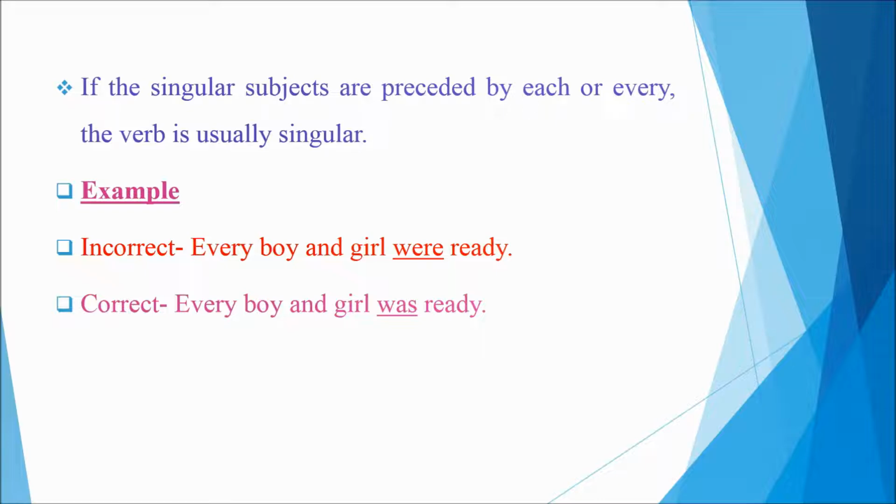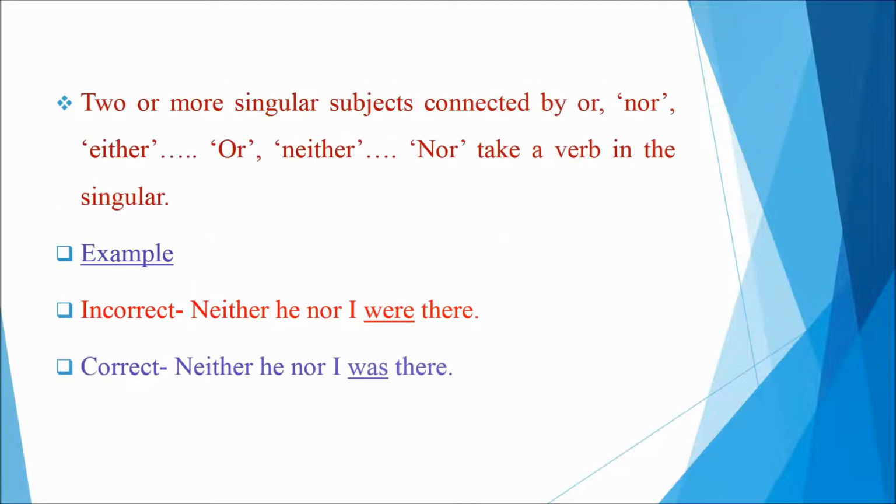Here boy and girl are two singular subjects that come after every, so we have to add the singular verb was to it. So the correct sentence is every boy and girl was ready.